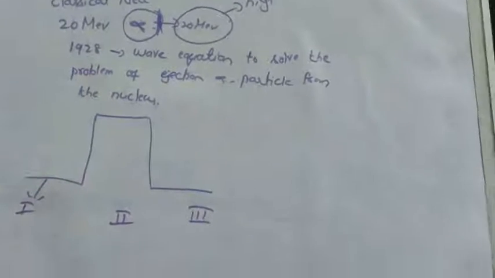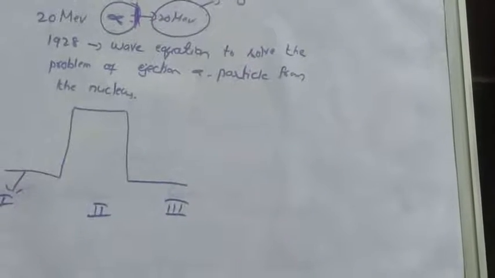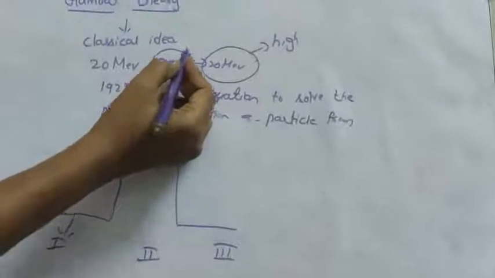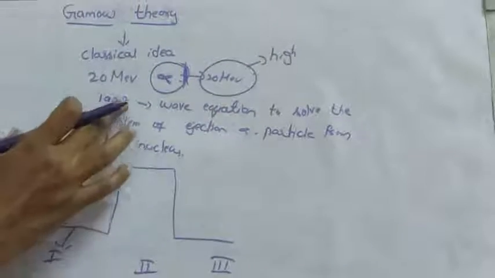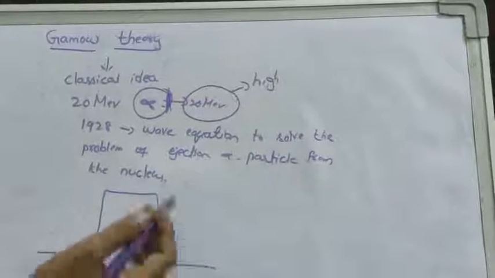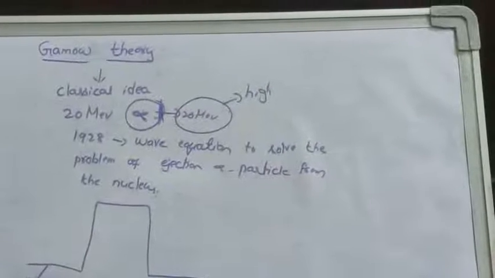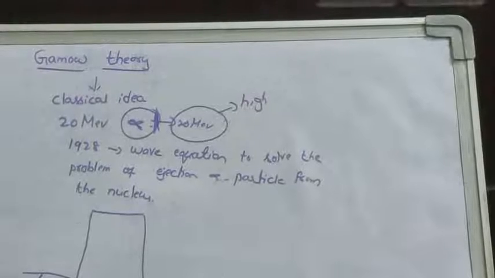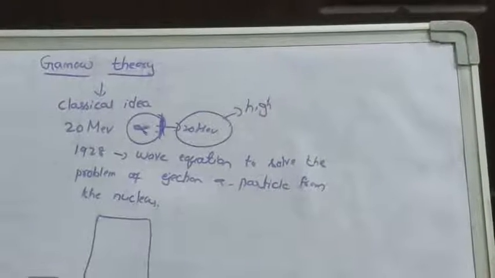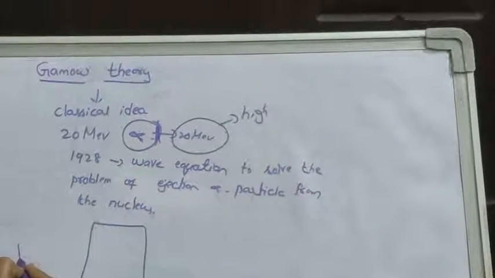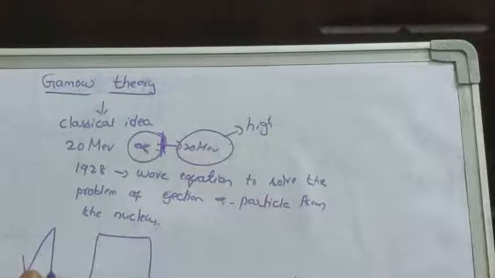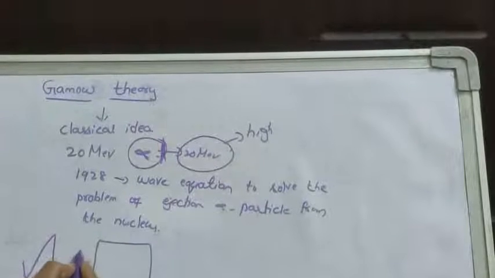In order for the alpha particle to escape from the nucleus and overcome the barrier height, Gamow in 1928 applied the wave equation. He divided it into three regions: region 1, region 2 and region 3. Now, according to him, the particle moves in the form of a wave.